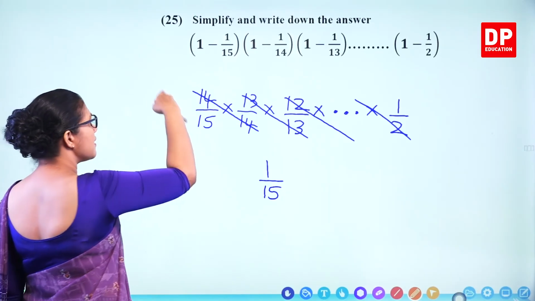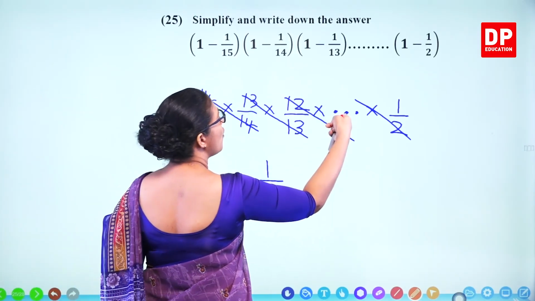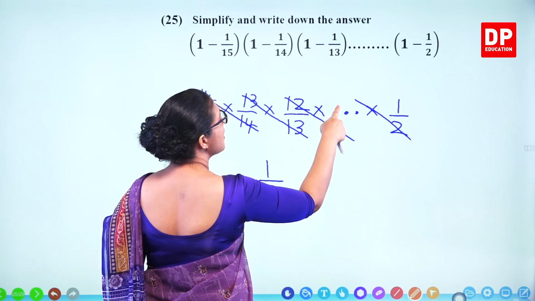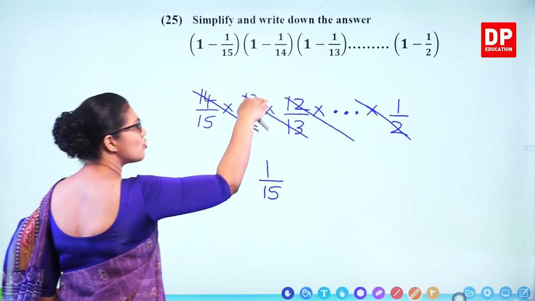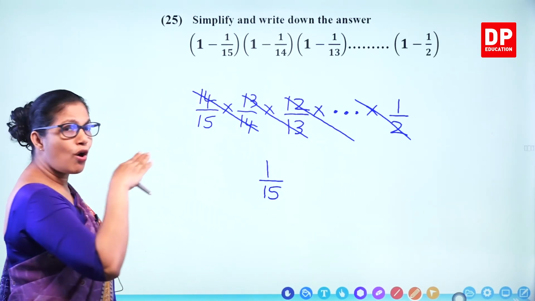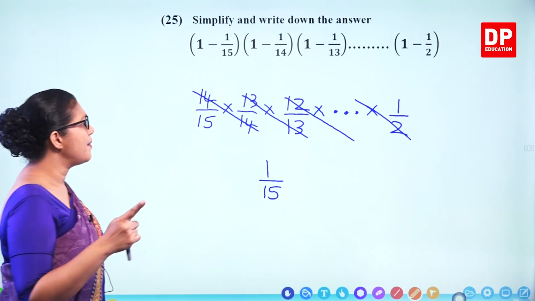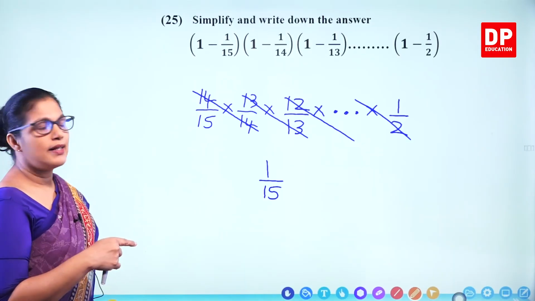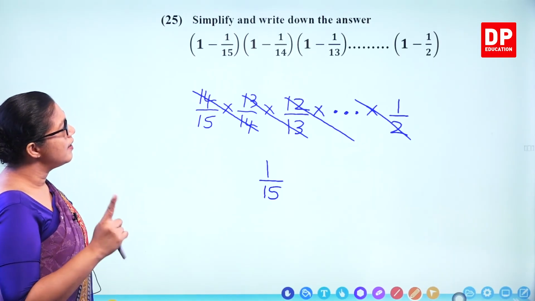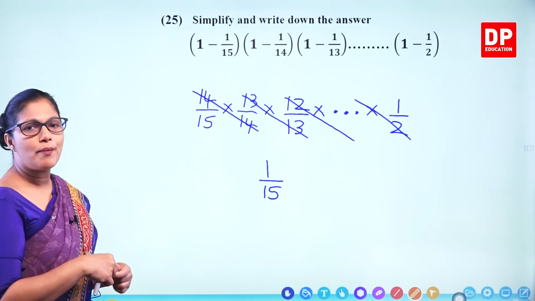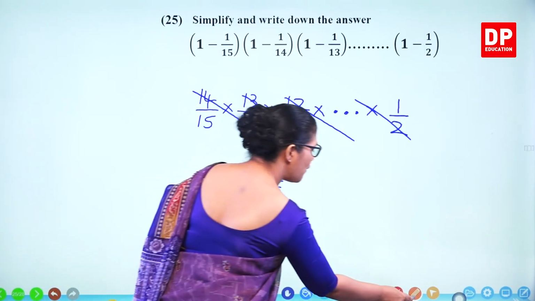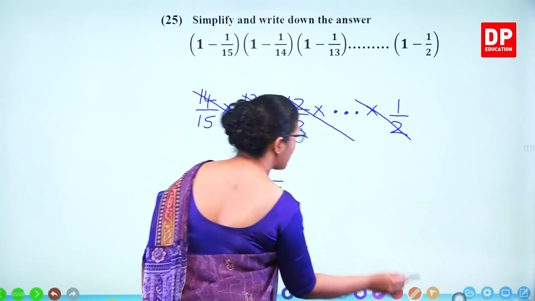So there's a pattern. If you want to write out the next number, this becomes 11 over 12. So 12 get cancelled out. So likewise, all diagonal terms like this cancel out, and remaining the first value and the last value, they are numerator, they are here denominator. So final answer is 1 over 15. So 2 marks for that.